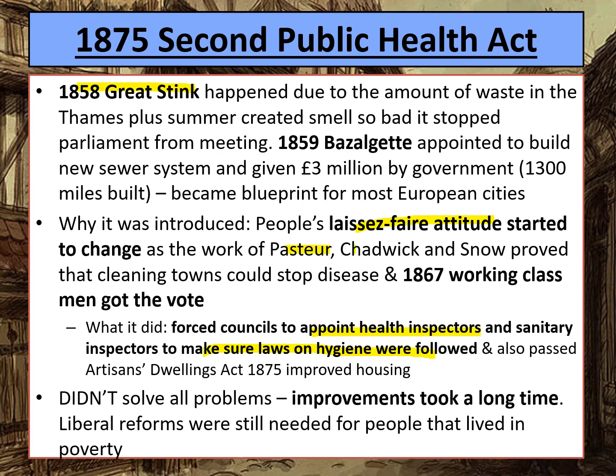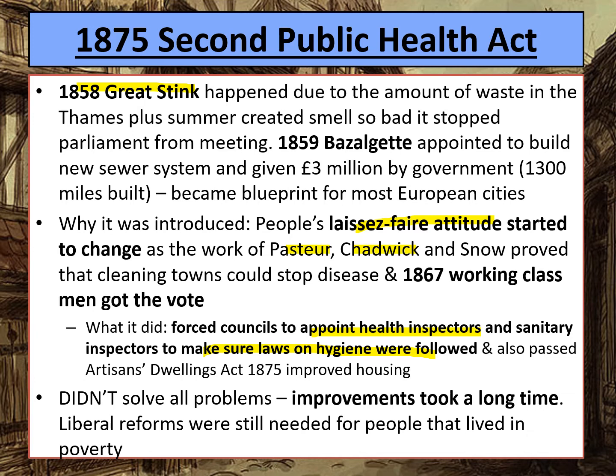There's also the report of Chadwick from 1842, where he had said about the problem of poor public health and how that is going to cause more issues in the future. And obviously there was also things like the work of John Snow, where he is proving the link between dirty water and cholera in 1854.